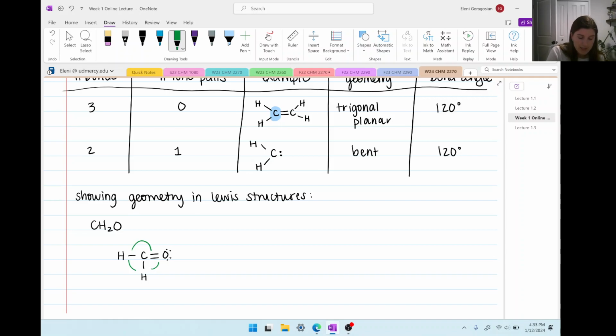But this carbon is sp2, it has 120-degree bond angles, so we would draw it more accurately by considering that bond angle and having the hydrogens placed like that. Or you could change the placement of the outer atoms, but keep that general bond angle around 120 degrees.